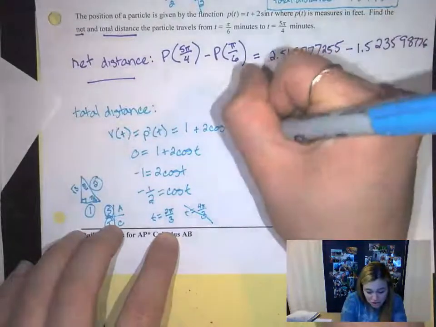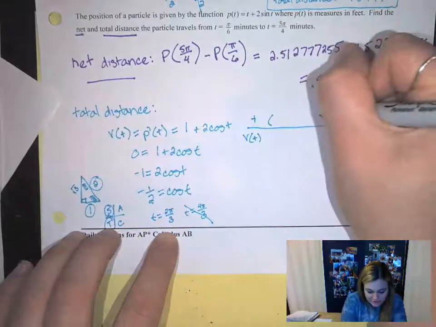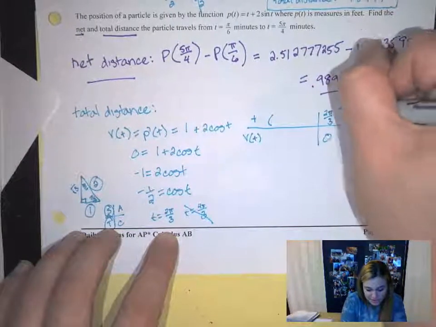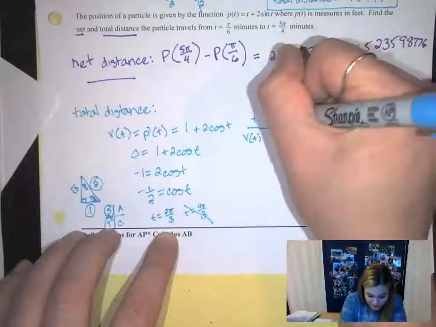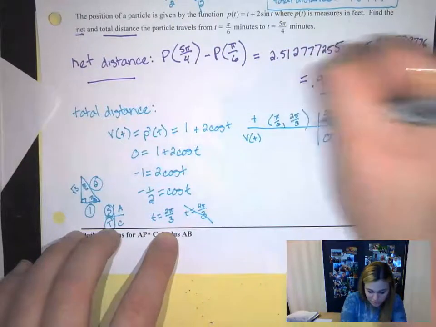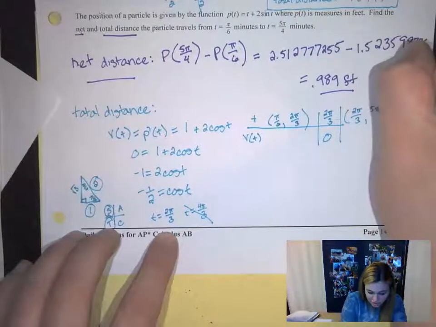I'm writing this chart only to help me get my thoughts organized. I've got something happening at 2 pi over 3, because I know velocity is 0 there. So my intervals would be from pi over 6 to 2 pi over 3, and then 2 pi over 3 to 5 pi over 4.